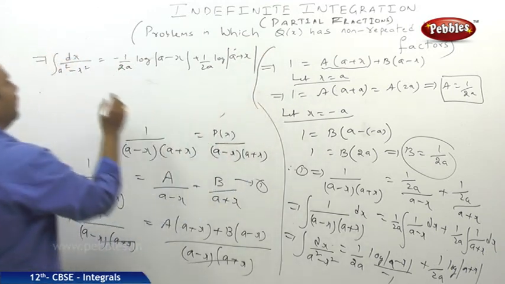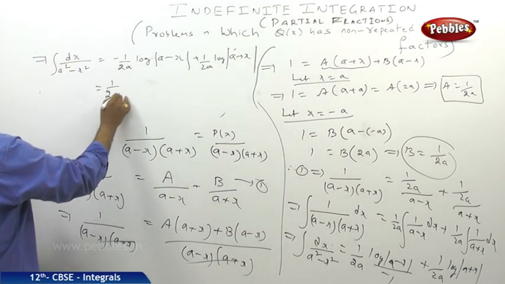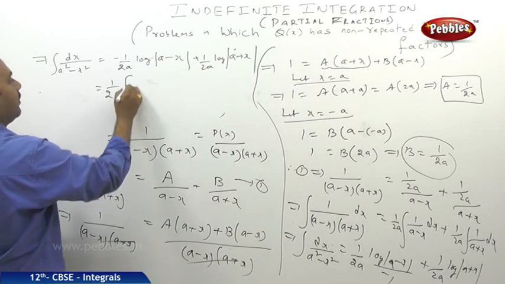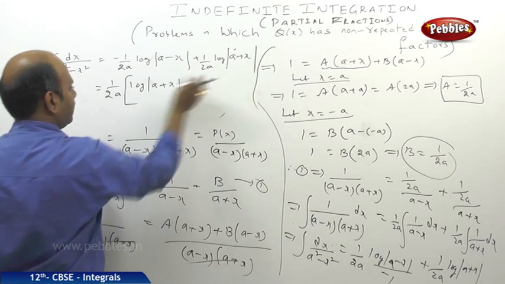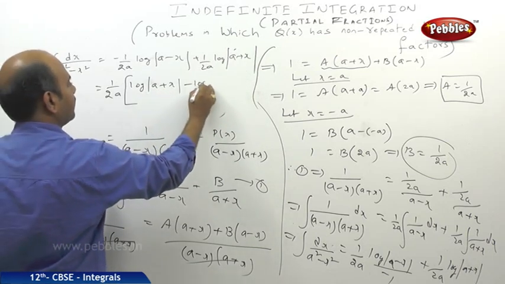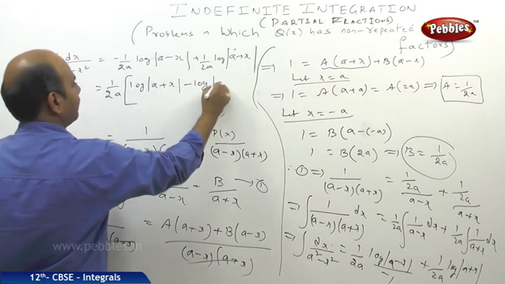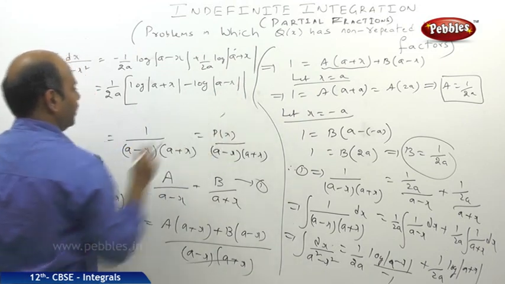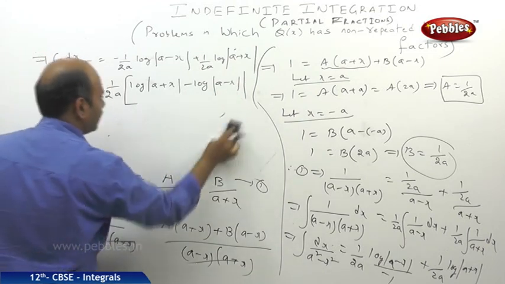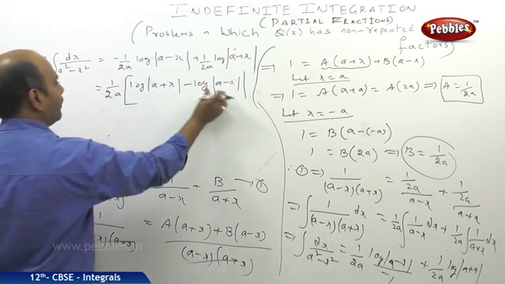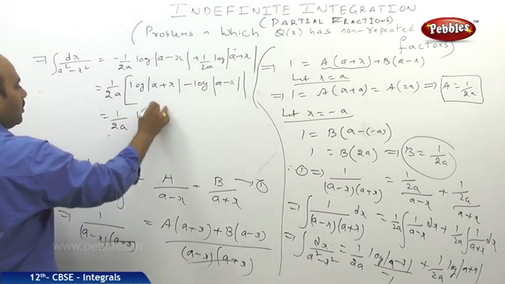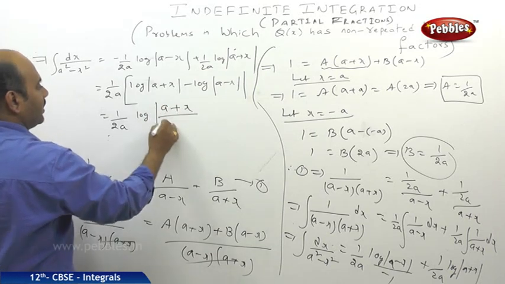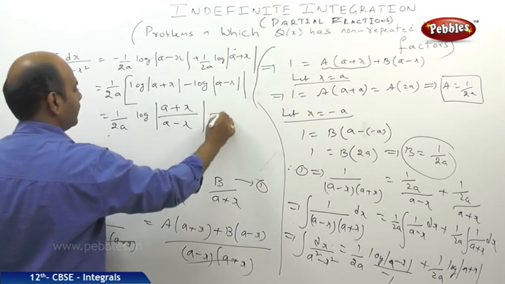So finally, if you observe carefully, 1 by 2a I can take common. After taking 1 by 2a common, there remains log of (a plus x) minus log of (a minus x). Now it is like log m minus log n, which we can write as log mod of (a plus x) by (a minus x) plus c.